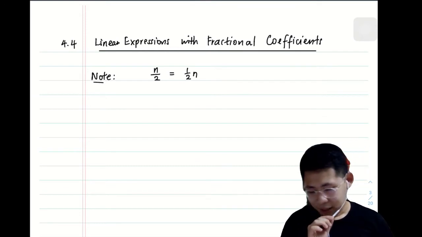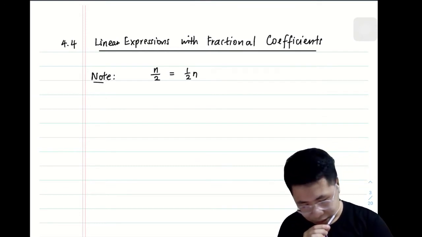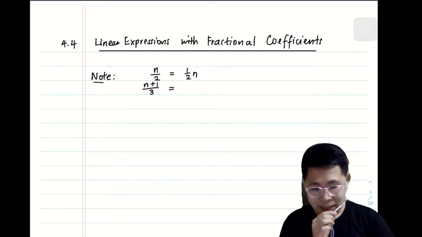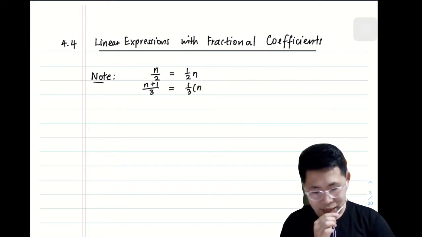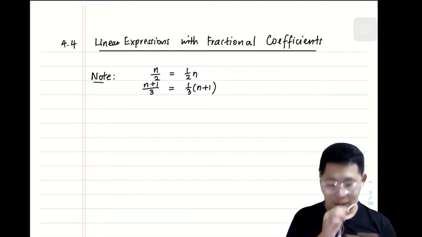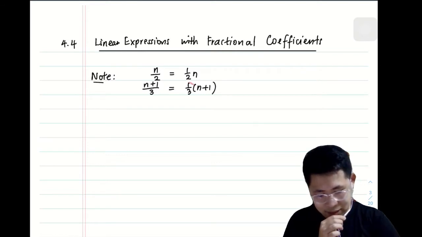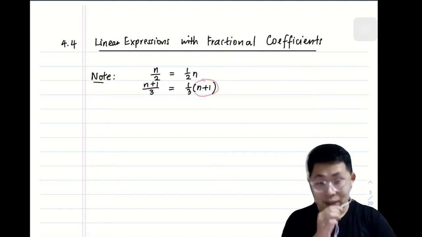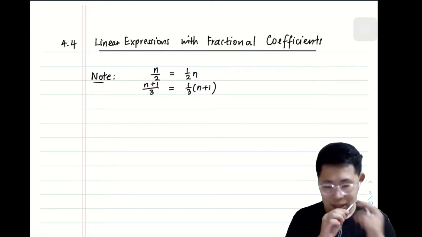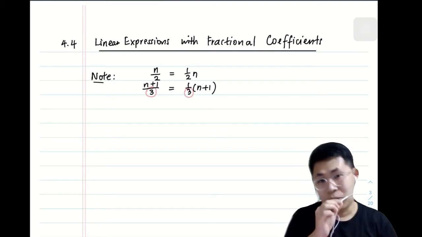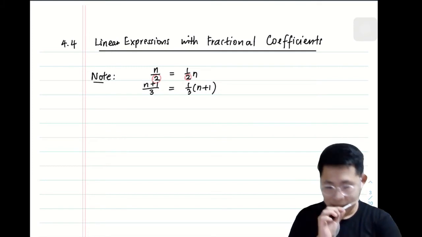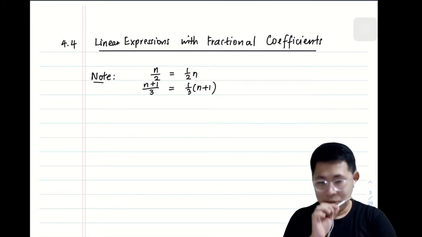If I have another one, for example n plus 1 over 3, it could also mean 1 over 3 times n plus 1. Do you see how it shifts from being a numerator to a product? The denominator remains a denominator. The denominator is the number that you divide by, whereas the numerator is the one that you multiply.